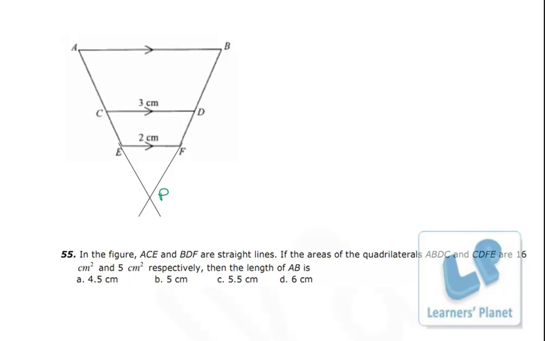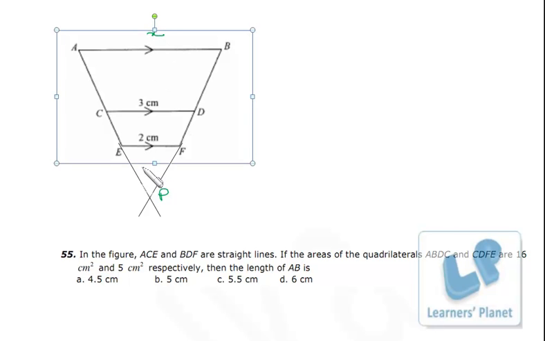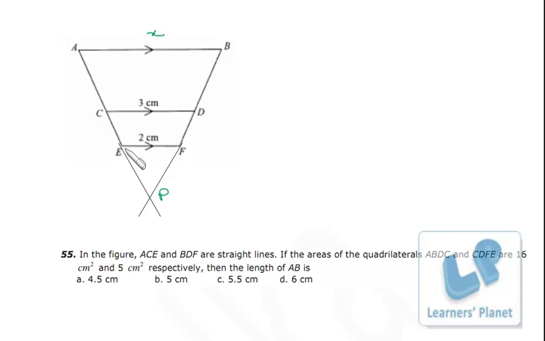Now if the triangles are similar, you know what will be their area? Their areas will be in the ratio of the square of their corresponding sides, right? So I assume AB is X. Okay, so area of triangle PEF and area of triangle PCD, since both of them are similar, their areas will be in the ratio of the square of their sides.